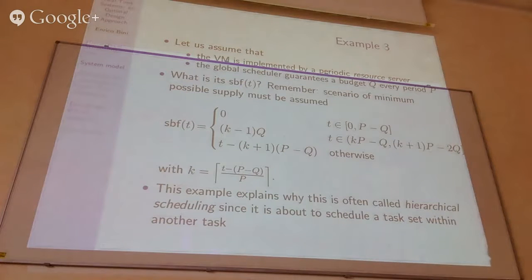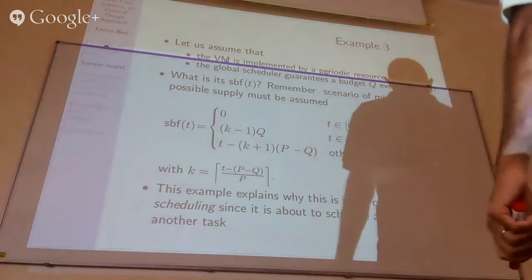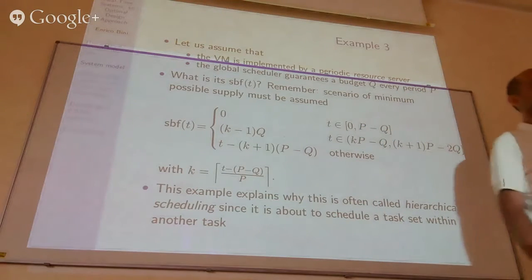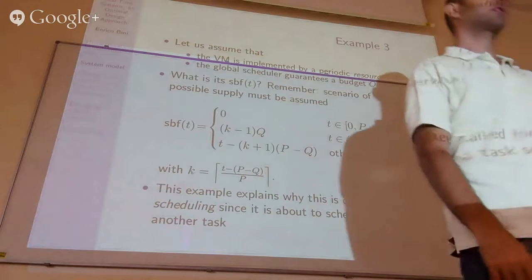But does it make sense to have more than one level of hierarchy? I mean, in an actual case. I have no experience with actual cases. No, I don't know.